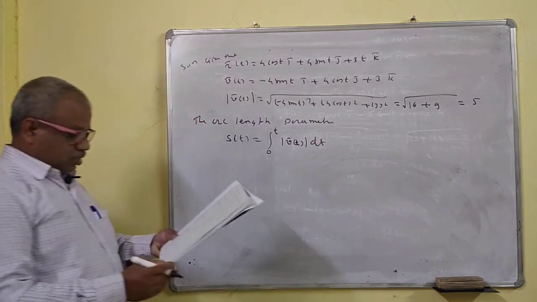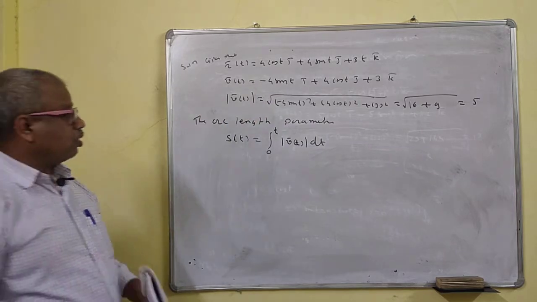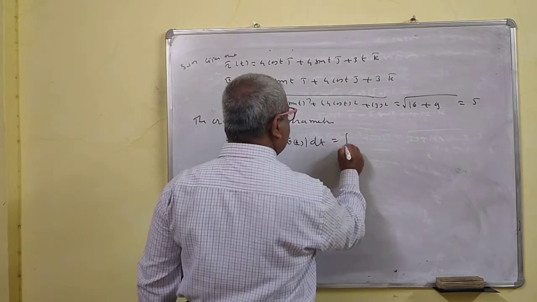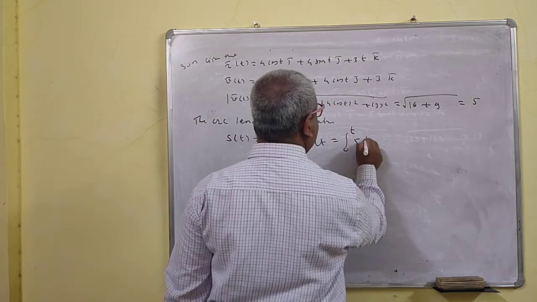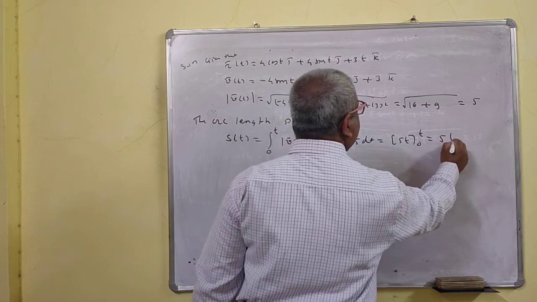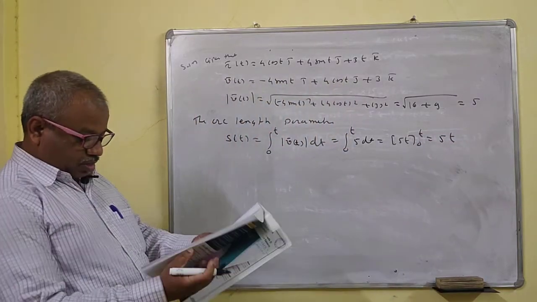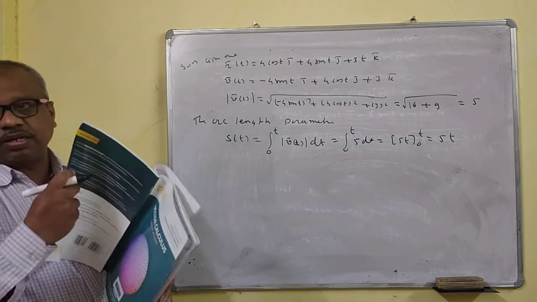Actually t naught is given as 0, so no problem for this one. So from 0 to t, mod of V bar is 5 dt. So this is 5t from 0 to t, just 5t. So the arc length parameter is only 5t.